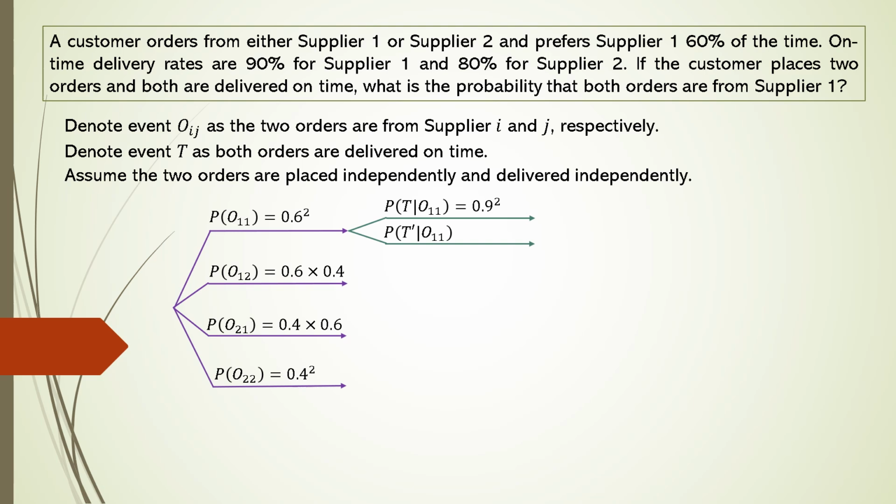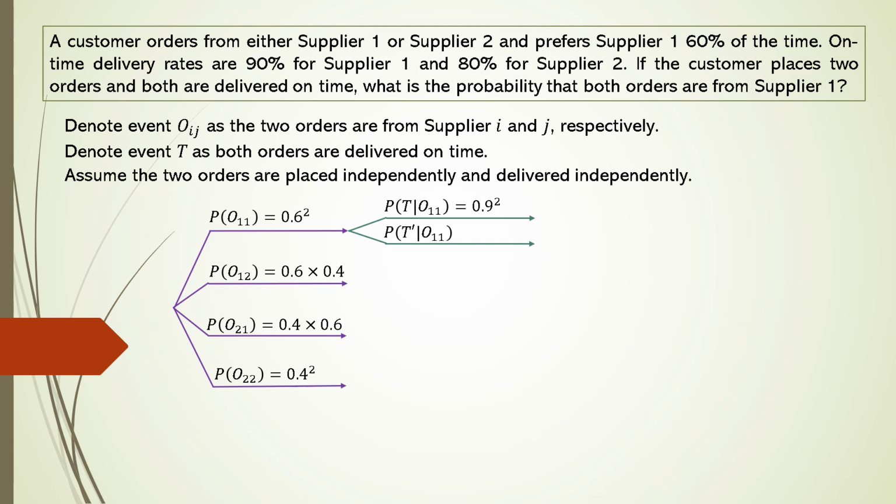Now we have two orders. Remember, we assumed independence of the two deliveries. That's why we square this 0.9 probability. Apart from the event that both orders are on time, the rest, T prime, would be both orders not on time or one of the two is not on time.